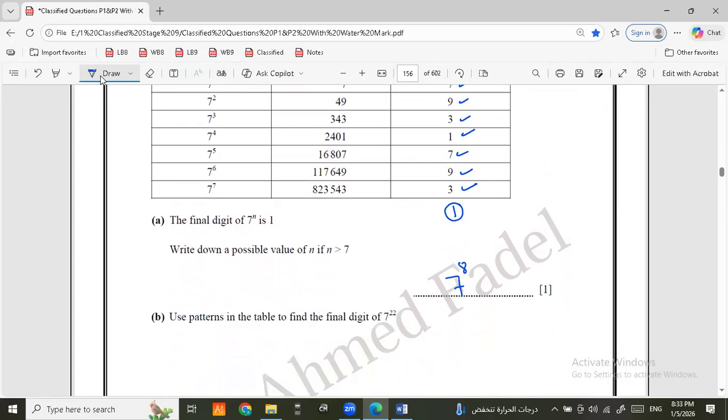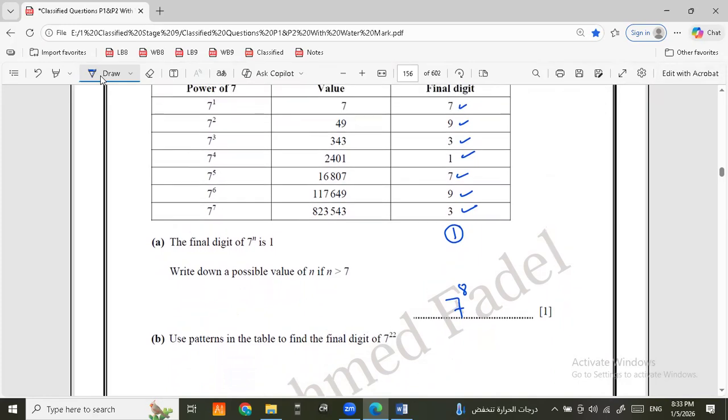Use patterns in the table to find the final digit of 7 to the power of 22. Oh my God, if I did not notice the pattern, then I would never be able to answer this question. It is impossible to answer this question if you do not notice the pattern. So 7 to the power of 22, mister, how can I use the pattern?